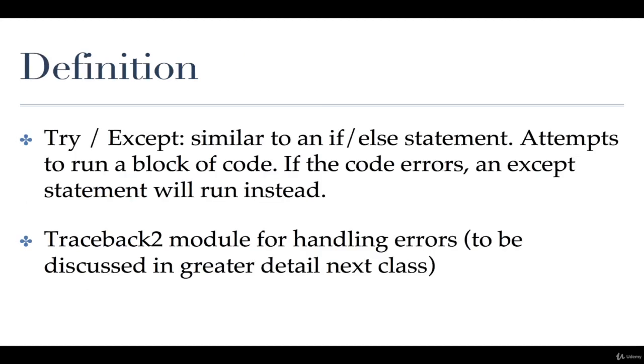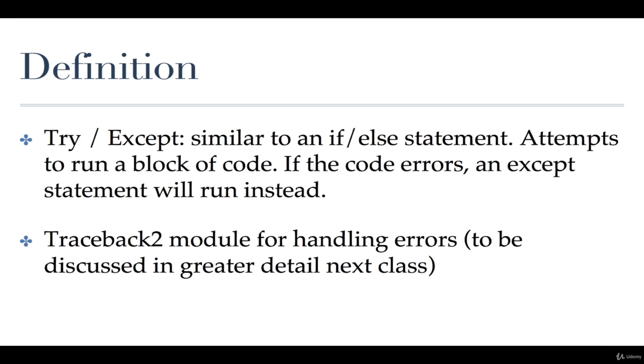So first off, for definitions, a try and except statement is very much like an if and else statement in that it has this: if do this code, otherwise, if something doesn't work in the code, like there's an error with it, then do this other set of commands, which would be the except statement. So you have a block of code you want to try and run, otherwise do something else.